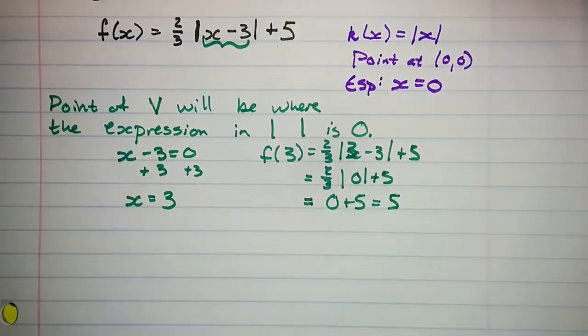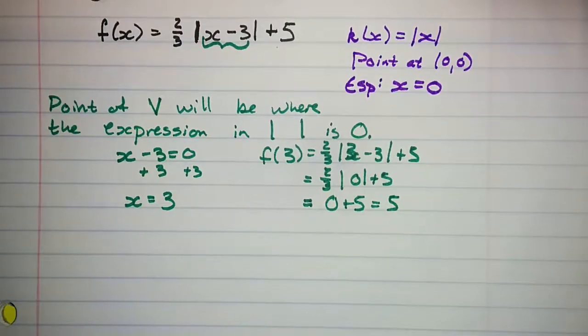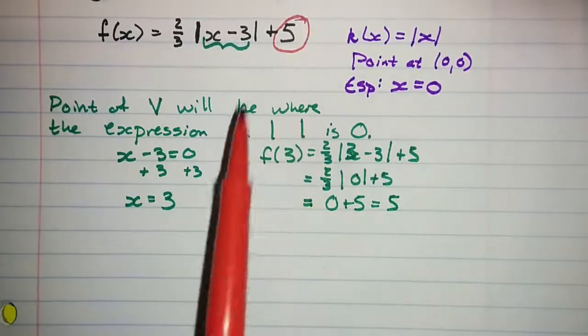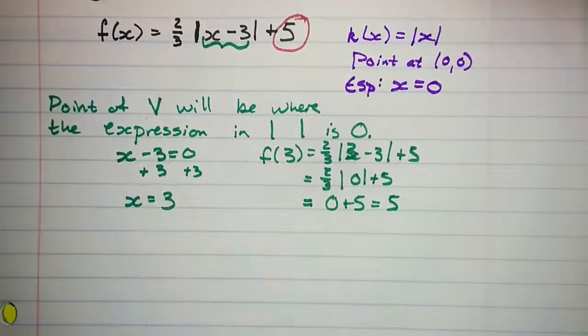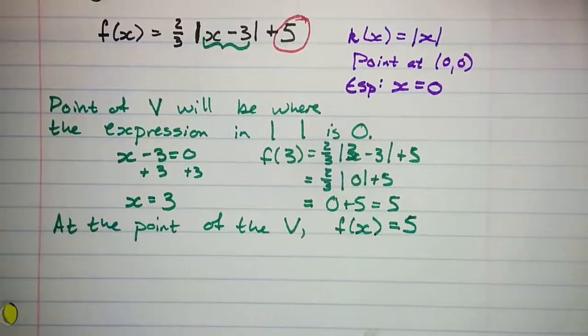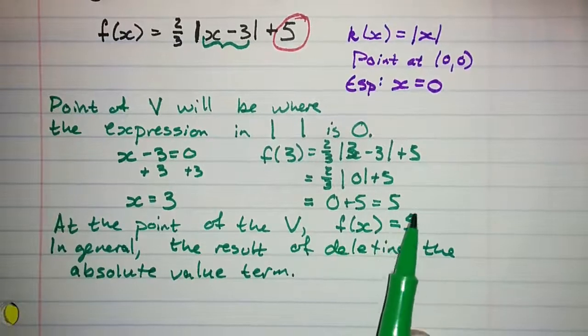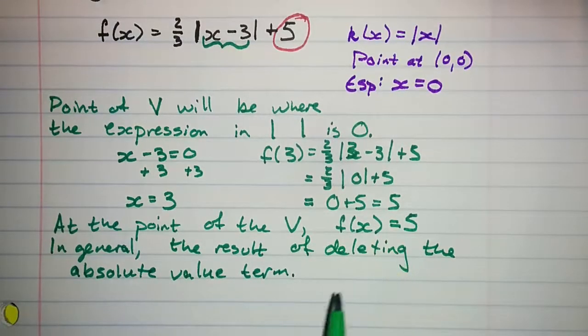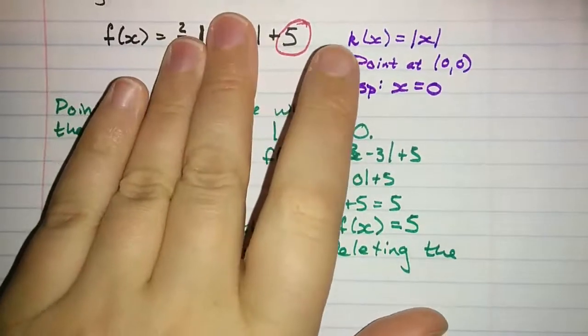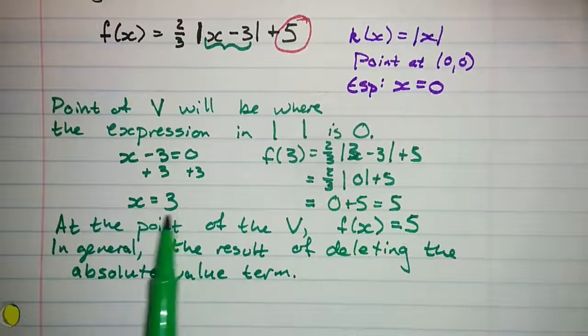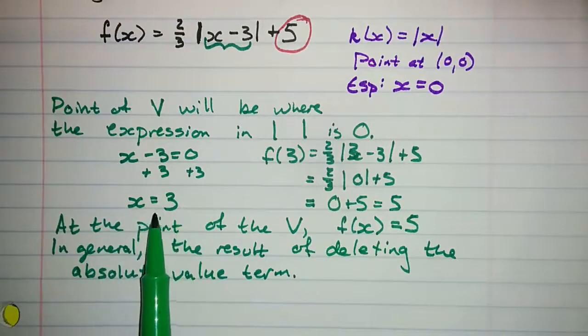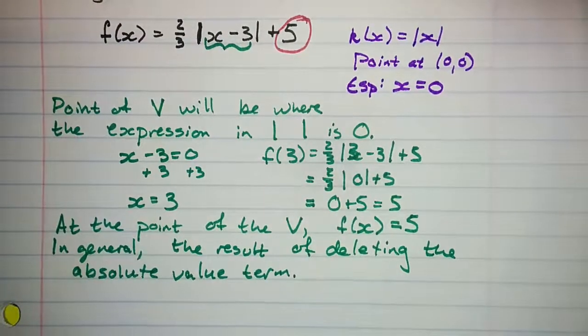So the vertical coordinate of my V point is just this number. At the point of the V, f of x equals 5. In general, the y-coordinate at the point of our V will be whatever is left after the absolute value part is 0. Because if we found the right x for the point of our V, the absolute value part is 0.